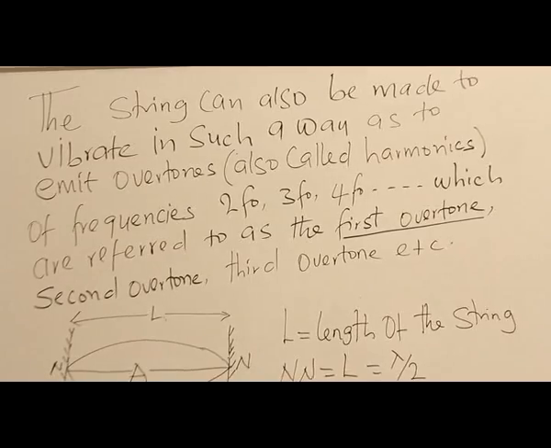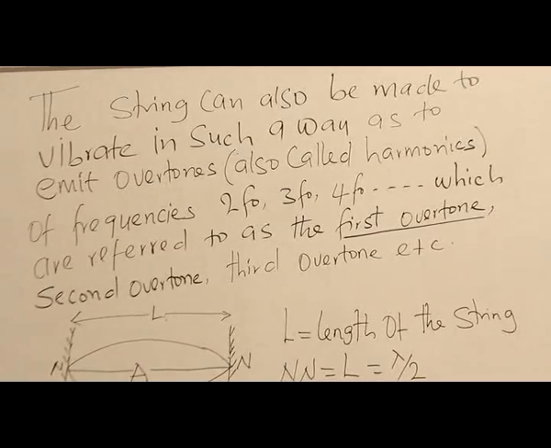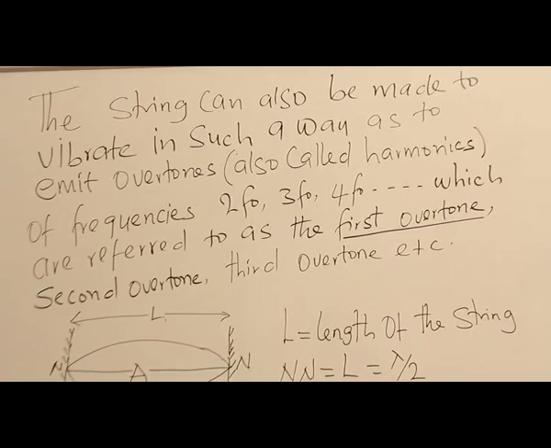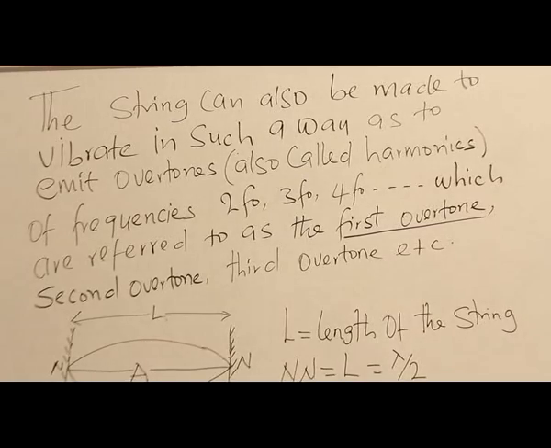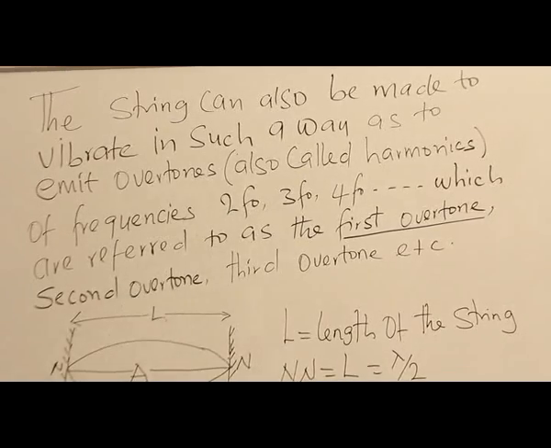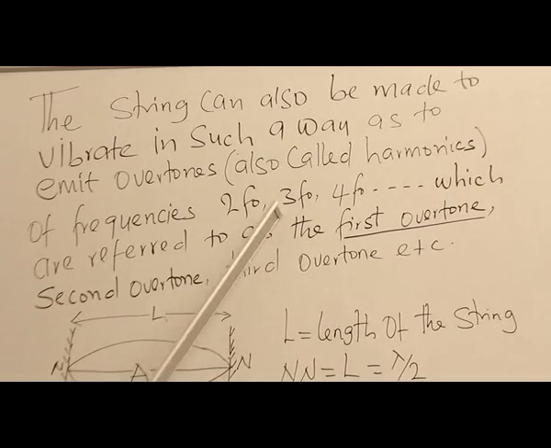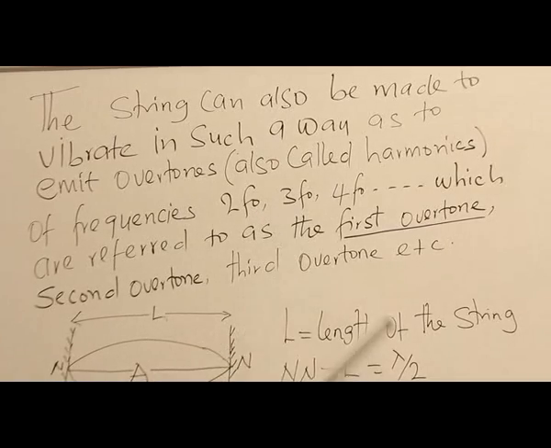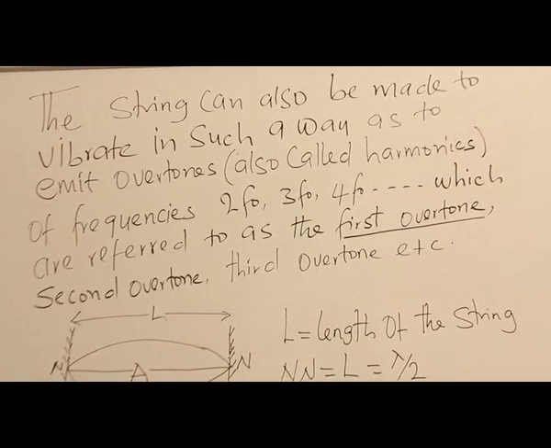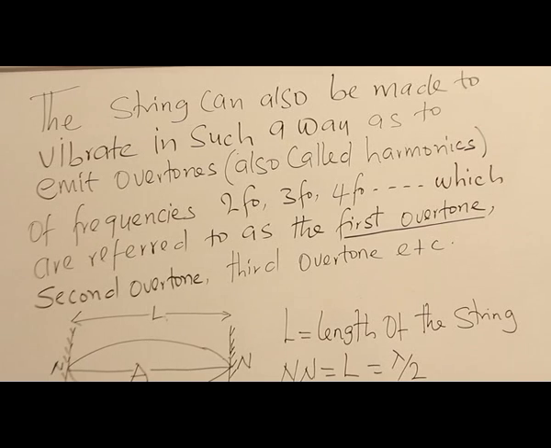The string can also be made to vibrate in such a way as to emit overtones, also called harmonics of frequencies. We have 2F0, 3F0, 4F0, and so on, which are referred to as first overtone, second overtone, third overtone, etc.